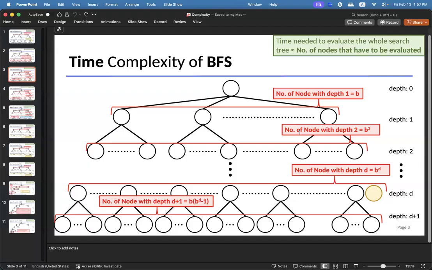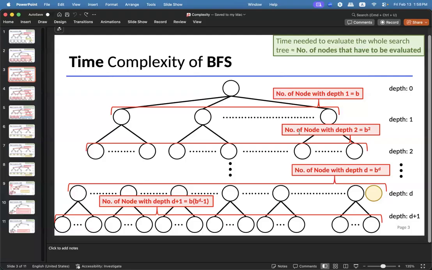So the number of nodes with a depth of D expanded is B powered by D minus 1. And all these nodes have already been expanded, so we times B with it. As you can see here, the number of nodes with a depth of D plus 1 will be B times B powered by D minus 1.